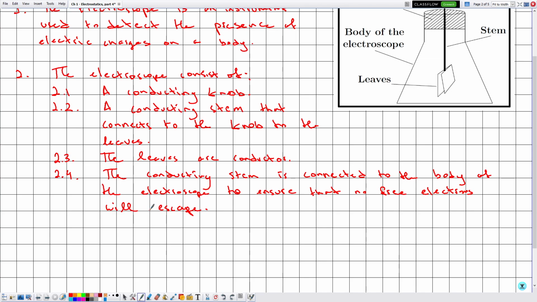And now let me mention the following. So statement number 3, the leaves of the electroscope are usually made of aluminum.